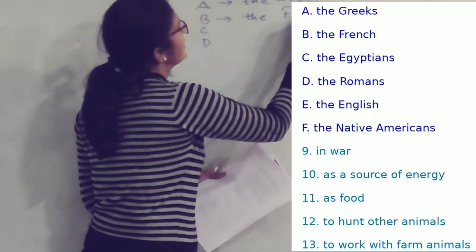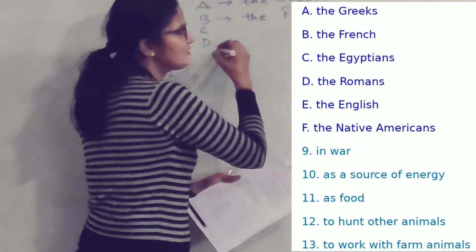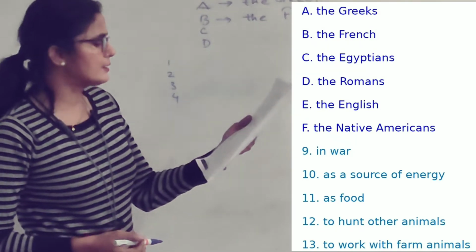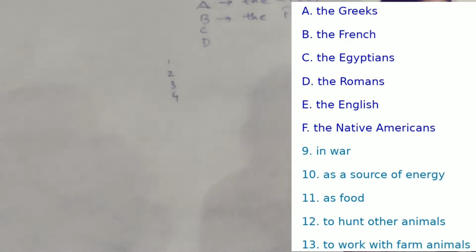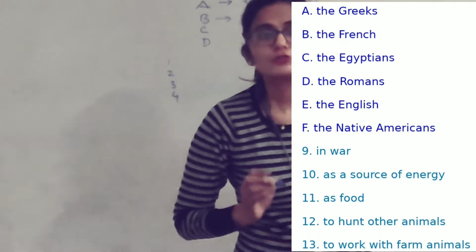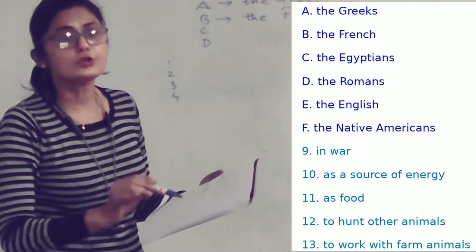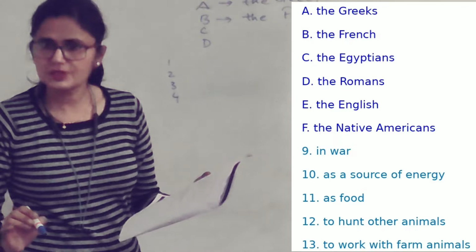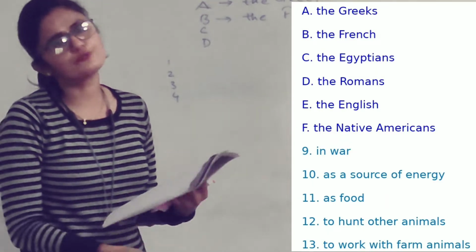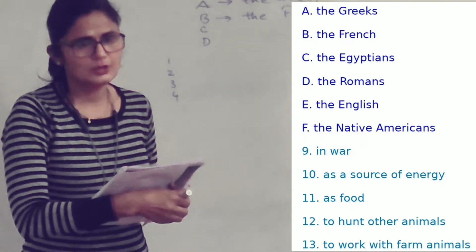Similarly, these kinds of options are here: the Greeks, the French, the Egyptians, the Romans, the English, the Native Americans. These are proper nouns, so 100% in your passage these words would be there. So it's easy to find the location.